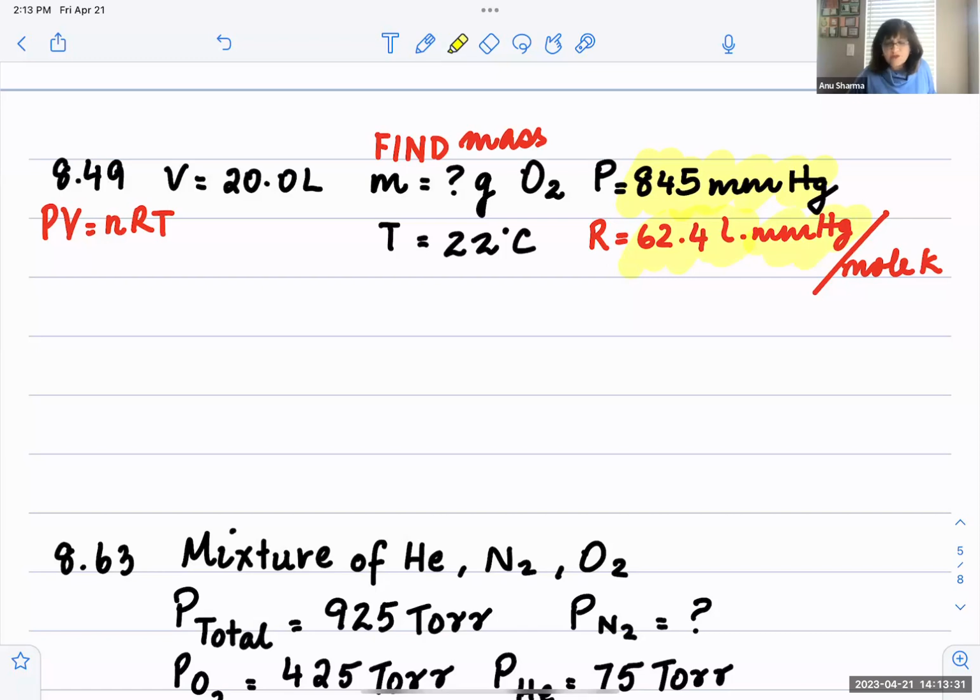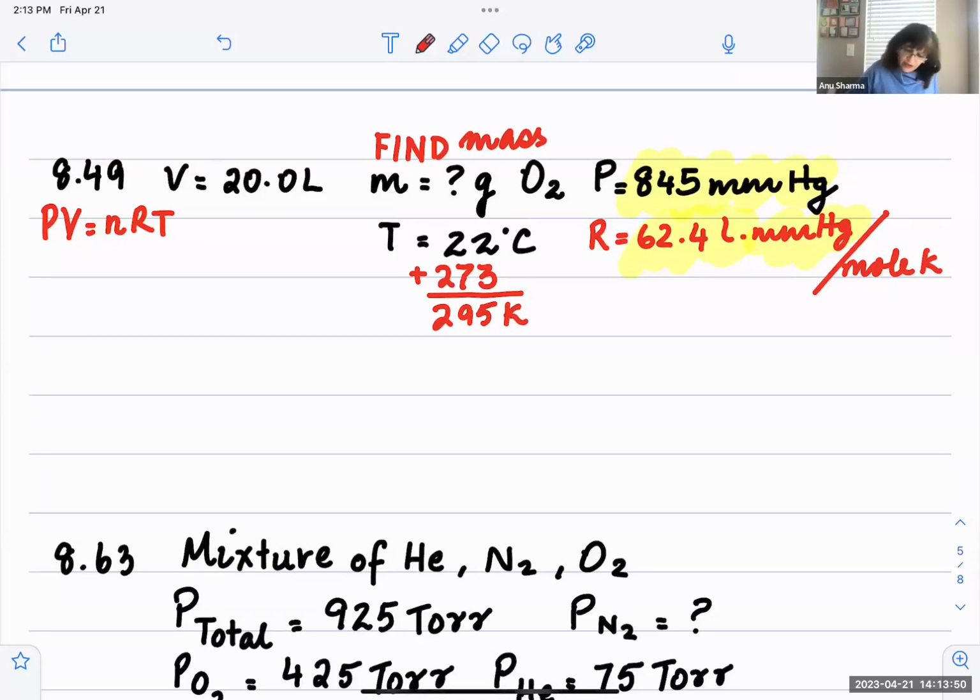The only thing is temperature. Add 273, always make it into Kelvin. So 22 plus 273 is equal to 295 K.